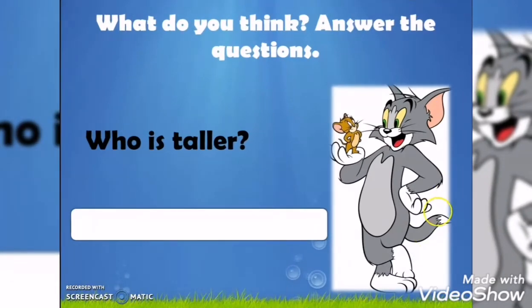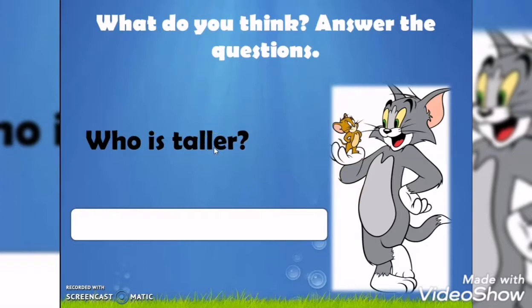Now, also Jerry and Tom. Who is taller, Jerry or Tom? Of course, Tom. Okay, now we are going to write a sentence using the adjective word taller. How do we start? Tom. Then I write is. Tom is taller.